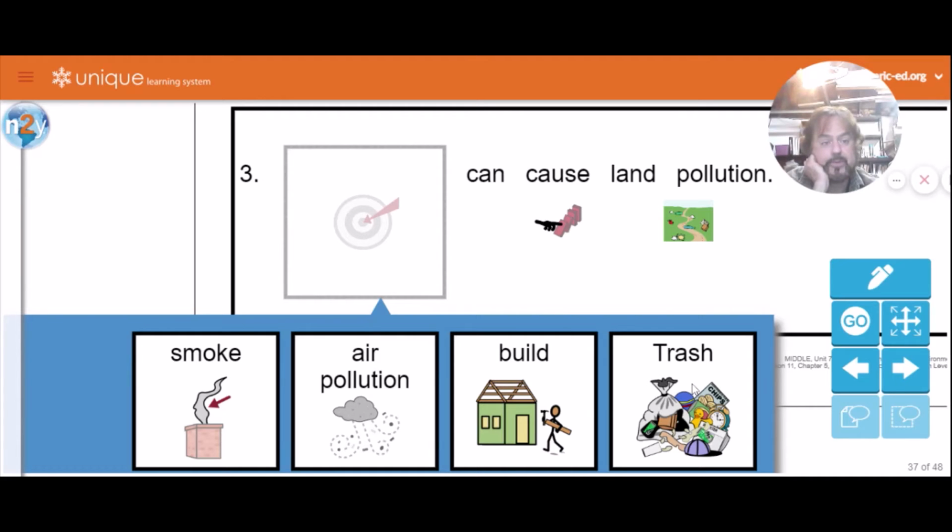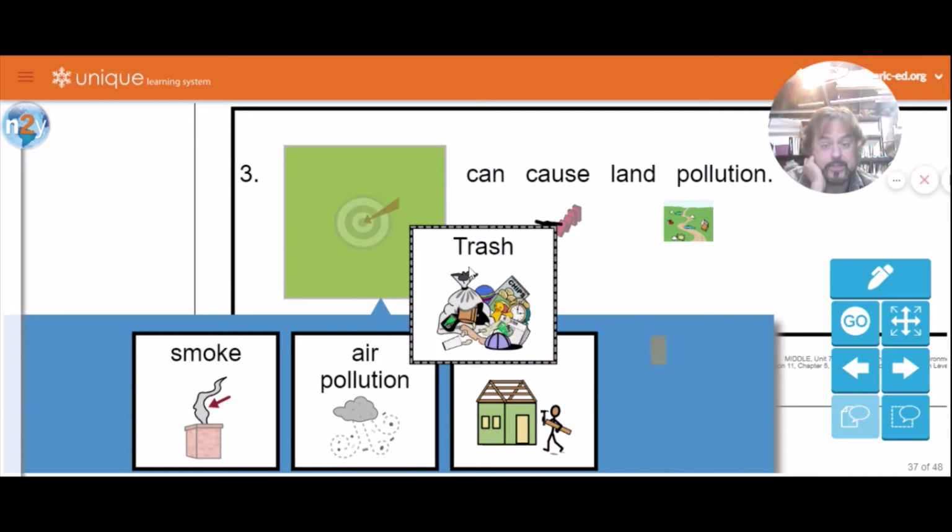Trash can cause land pollution. And here's a little tip. This is the beginning of a sentence, and the first word in the beginning of a sentence should always begin with a capital letter. And this is the only one that begins with a capital letter. So trash can cause land pollution. That's the answer.